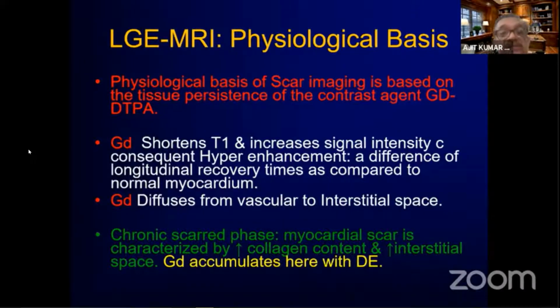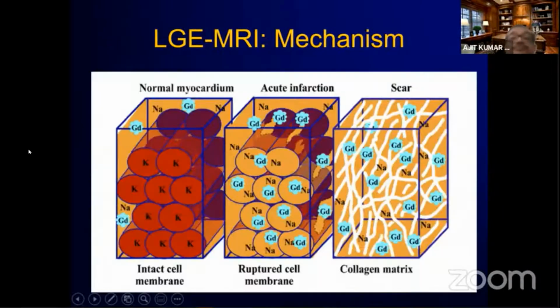In the chronic scarred phase, the myocardial scar is characterized by increased collagen content and interstitial space, and gadolinium accumulates there with delayed enhancement. As you can see here, in the normal myocardium, the gadolinium occupies the extracellular space, which is much less, while when there is acute infarction, the cell is disrupted and the gadolinium enters intracellularly.